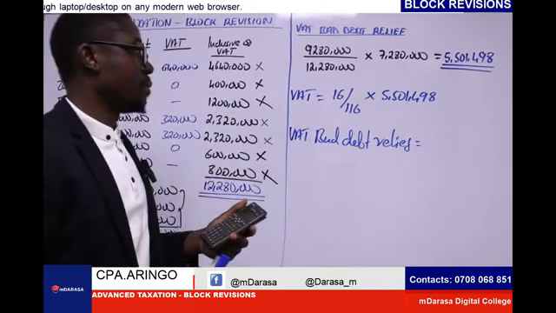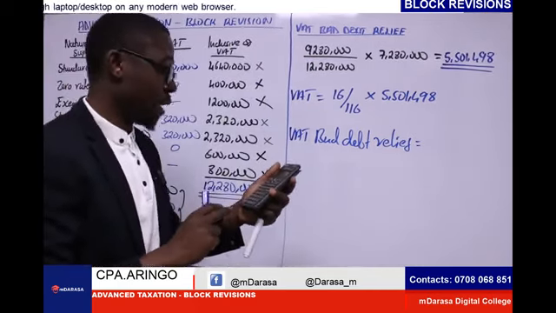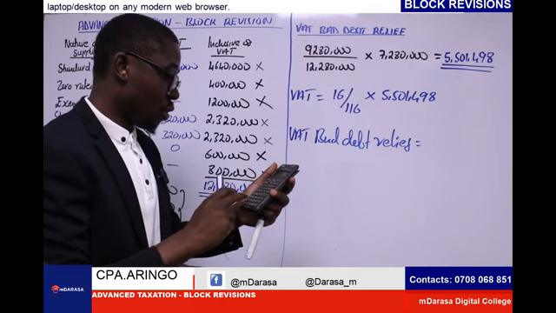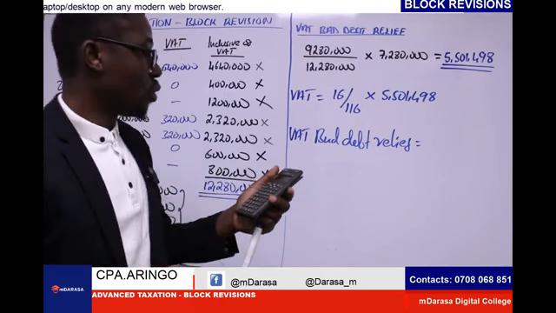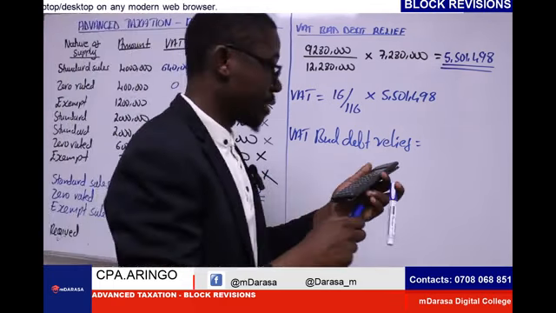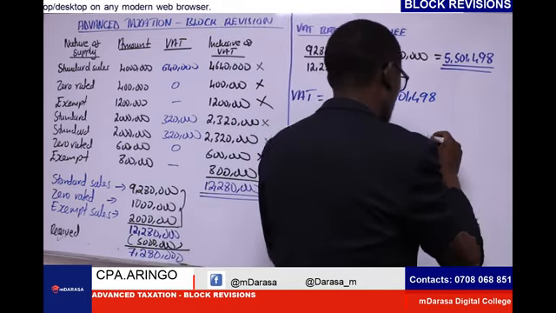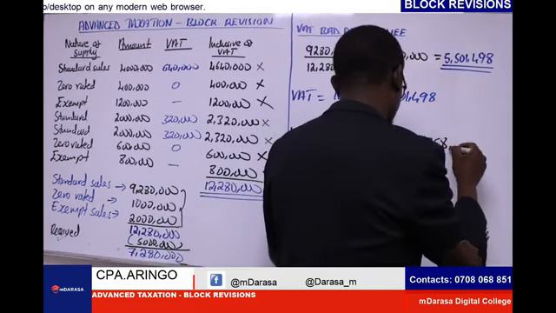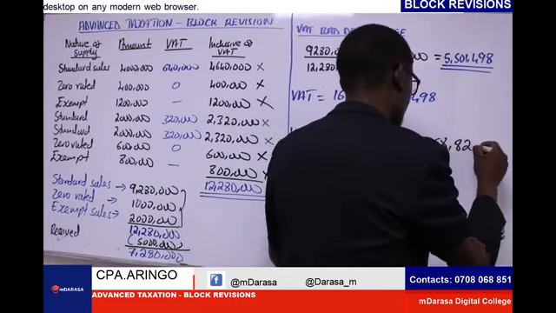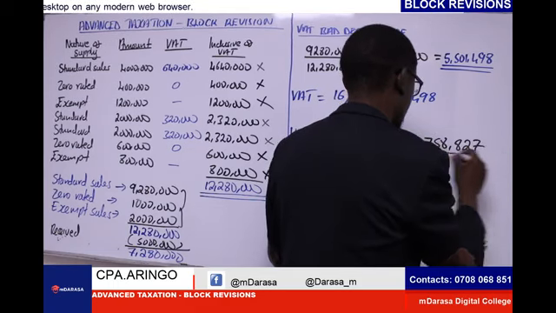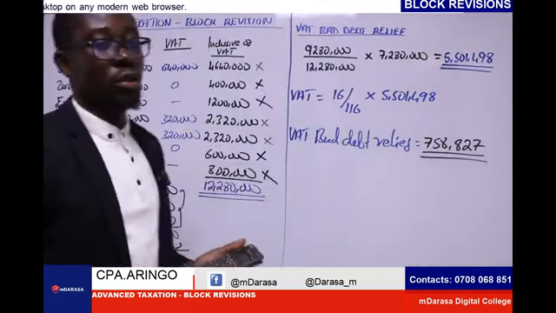The one that I can claim as a relief, I should be talking of my value times 16 of 116. So the one that you're going to claim as a relief, we should be talking of 758,827. So that is what you're required to do.